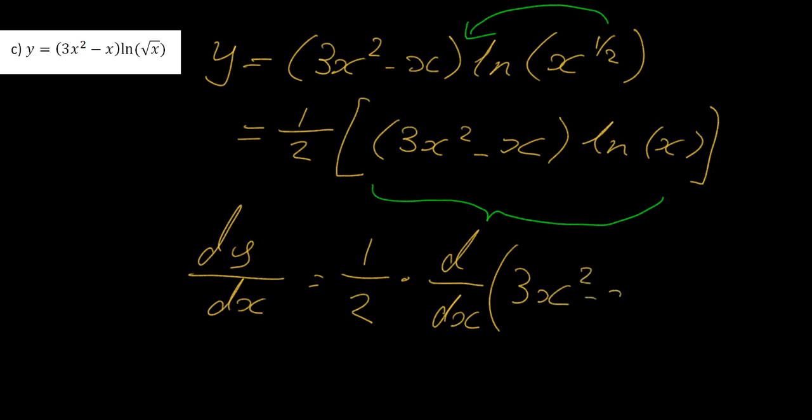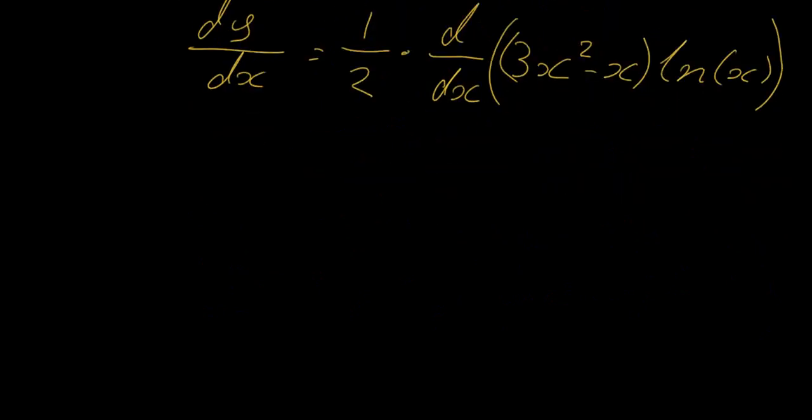So 3x squared minus x, natural log of x. Now from here, the half we don't have to care about at the moment, but for these two parts over here, we know the derivative of ln x, and we know the derivative of a combination of polynomials.